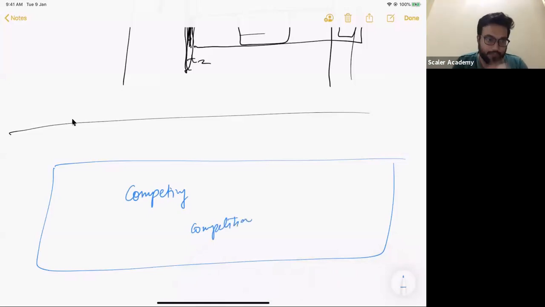Let's take some more examples. Let's say you are trying to book a railway ticket at IRCTC. Everybody is vouching for that same seat in a Tatkal booking environment. Would snapshot work? No, it will not work. Similarly, let's say everybody is trying to book a ticket on Book My Show. Will snapshot isolation level work?